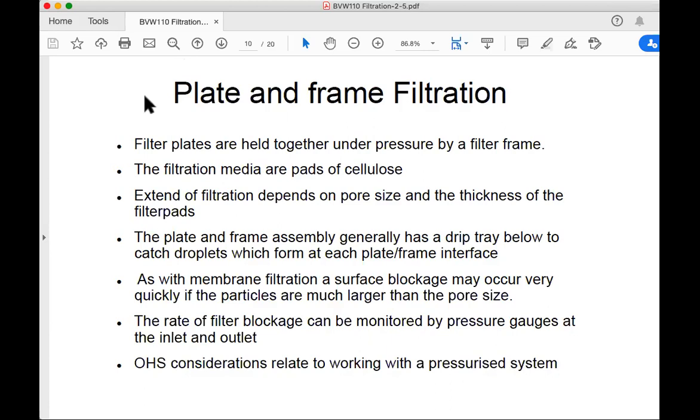Yeah, thanks, Aaron. So earth filtration used to be the main method of filtration because the earth was extremely cheap, and those hand-operated contraptions weren't overly expensive either.